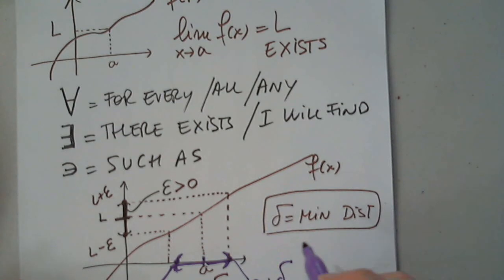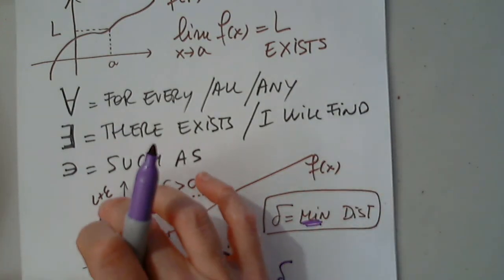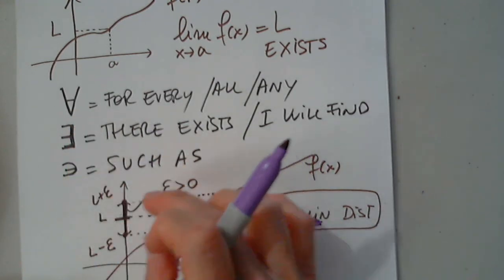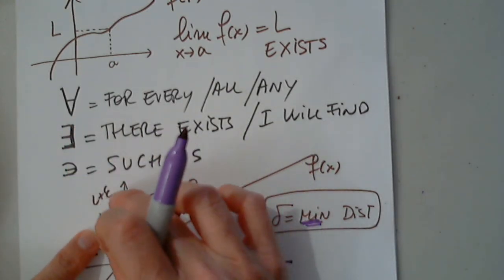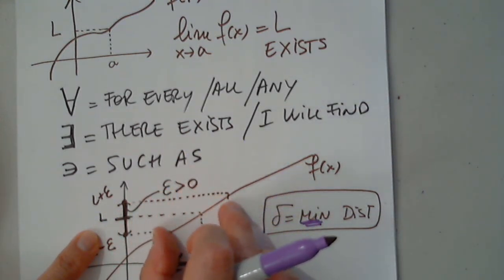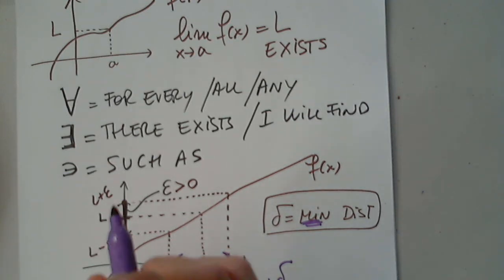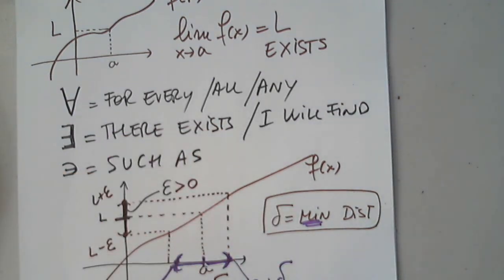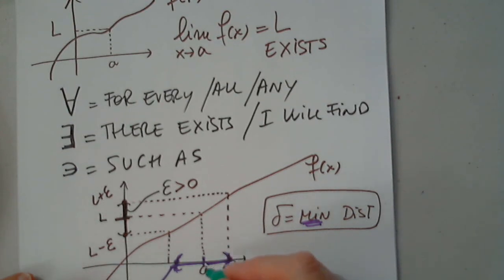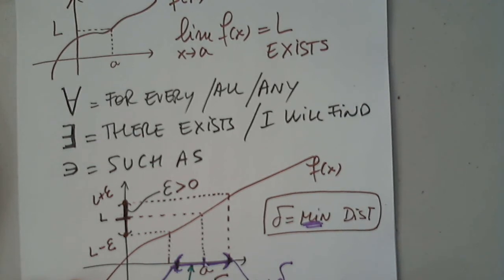So let's repeat, and I'll come back to explain this in a minute. For every epsilon positive near L, I will always find a corresponding delta near A, also positive, such that when I pick X anywhere between this point and this point, so let's say whenever I pick X here, distance between X and A, this is the way we present distance, less than delta.